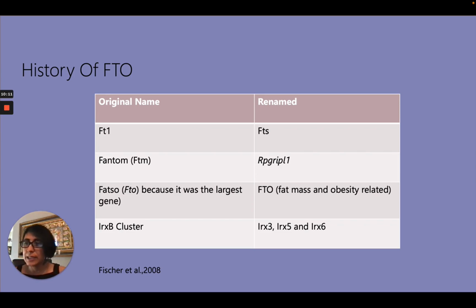So in the end, he renamed it in a clever way, to keep the old symbol of FTO, but to change the name from FATSO to fat mass and obesity related.